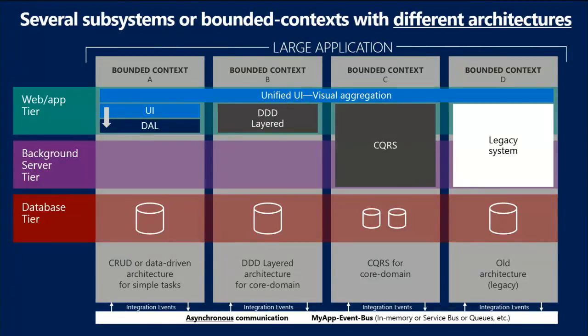Something I want to highlight is that we are going to need communication between those subsystems, and the way to do it should be asynchronous. So we could implement our own event bus, in memory, if all the subsystems are within the same process.